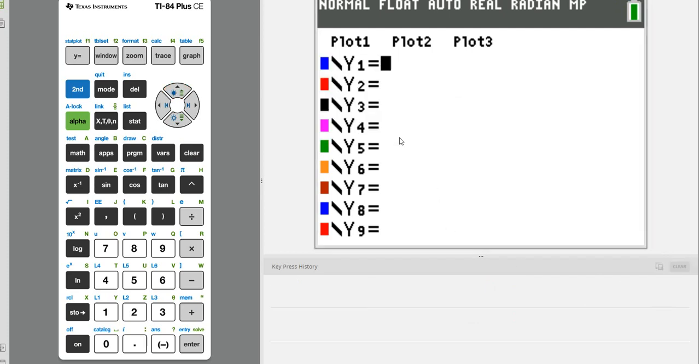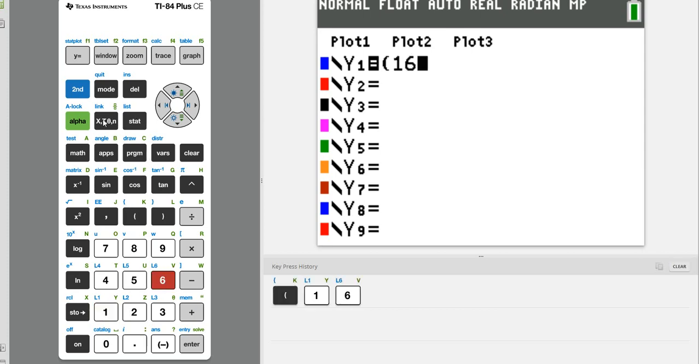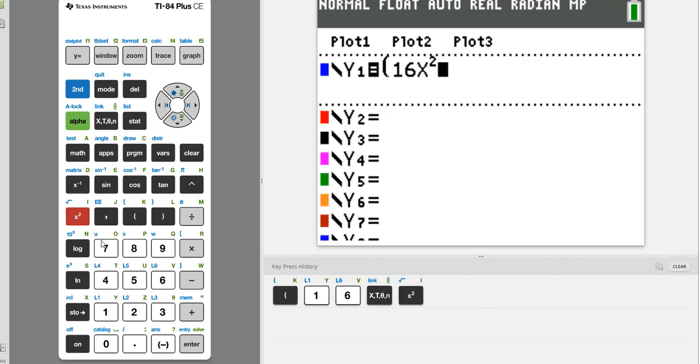If you press the Y equals key, one way to plug this in is with parentheses around the numerator. So parentheses 16x squared plus 1, right parenthesis, divided by, and then left parenthesis.